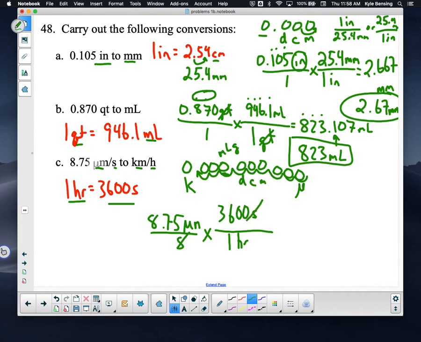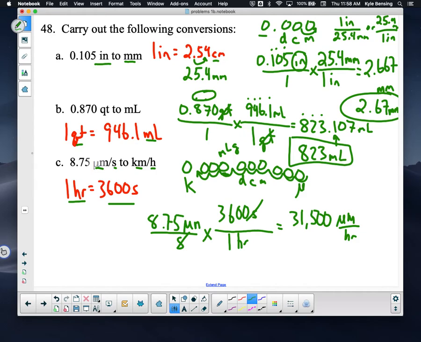Okay, that will give me a number of 8.75 times 3,600 equals 31,500, and that will be micrometers per hour.